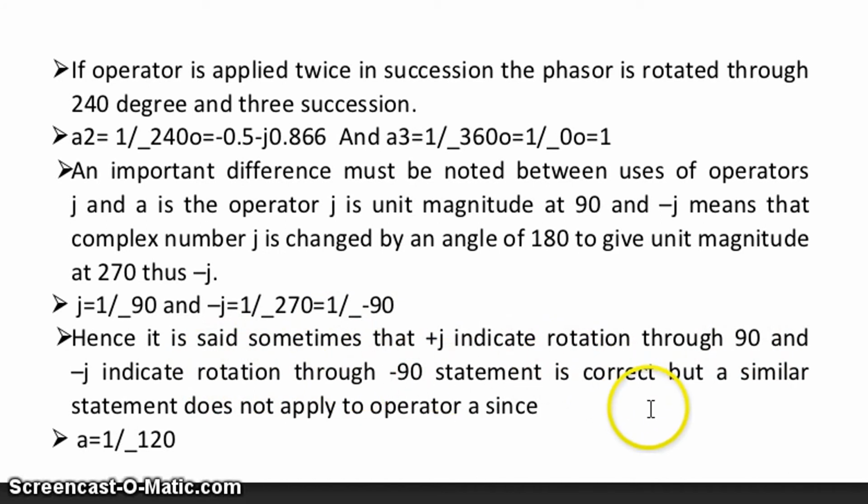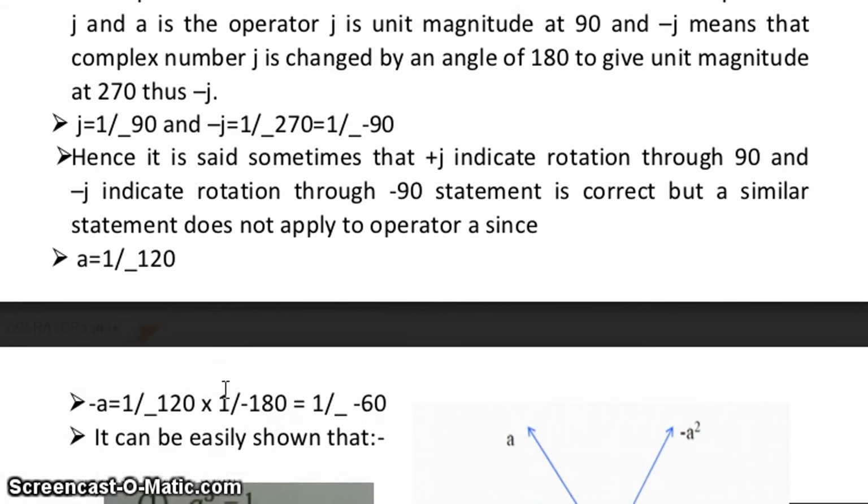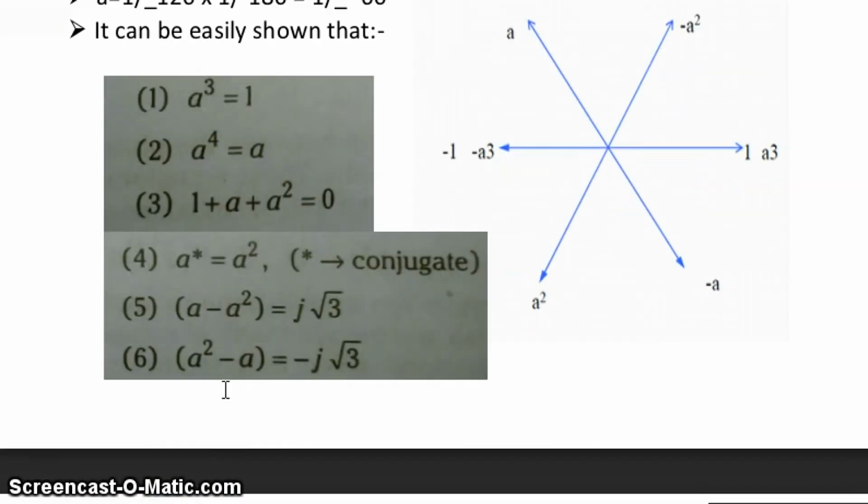But the same does not apply to a. If we have a, it means 1 at an angle of 120°, but minus a doesn't mean 1 at an angle of minus 120°. It in fact means 1 at an angle of minus 60°.